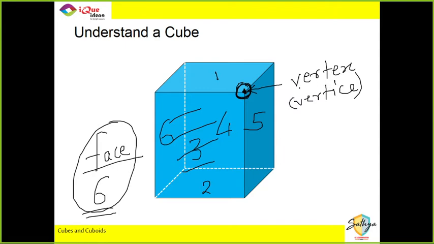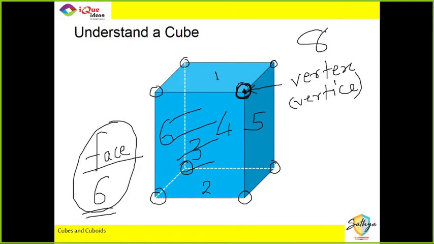That's right. On the top we have 1, 2, 3, and 4. On the bottom we have 5, 6, 7, and 8. So we have a total of 8 vertices when it comes to a standard cube or a cuboid.